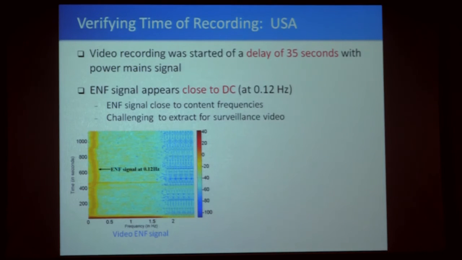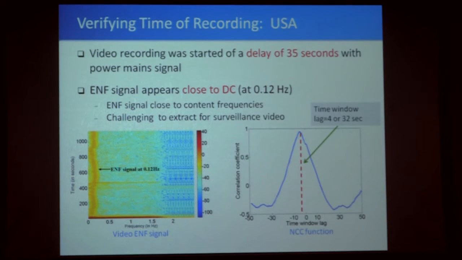In the US, it's more challenging if we have a more static video, such as a surveillance scene. Most of the time we have still scenery. You can see this is aliased to very close to DC. But still potentially detectable. The signal-to-noise ratio becomes weaker compared with the previous case we have seen in India.